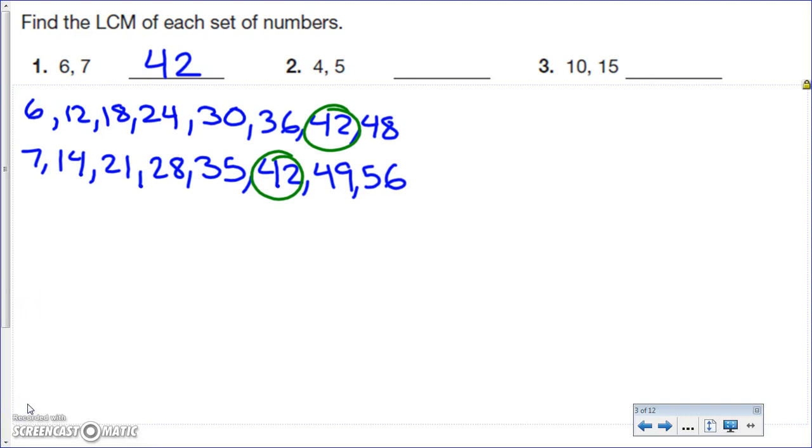For number 2, we're looking at the least common multiple of 4 and 5. They've actually already done that for us above in the example, so we're just going to fill that one in as 20. Then for 3, we have 10 and 15. So we're going to, again, go for about 5 multiples and write them out for each number.